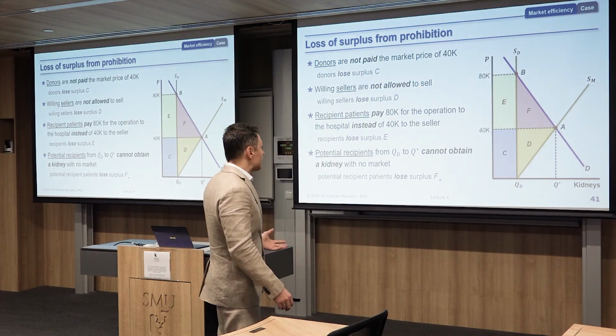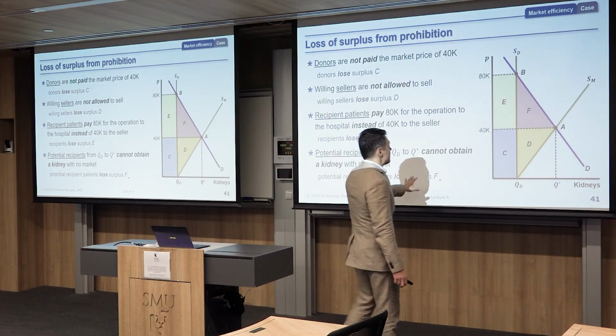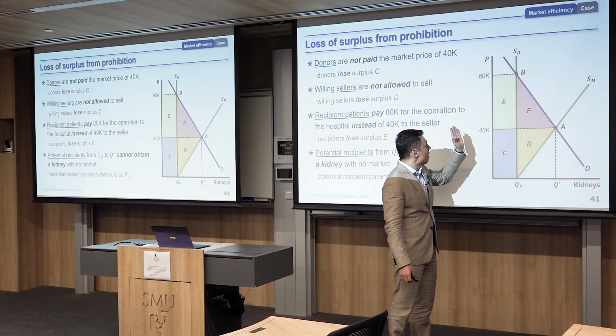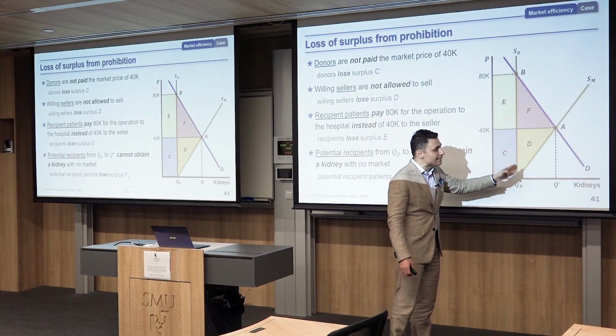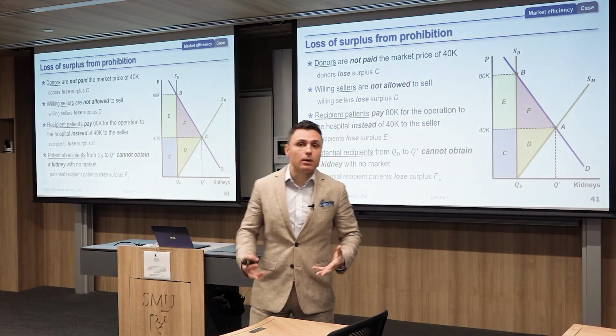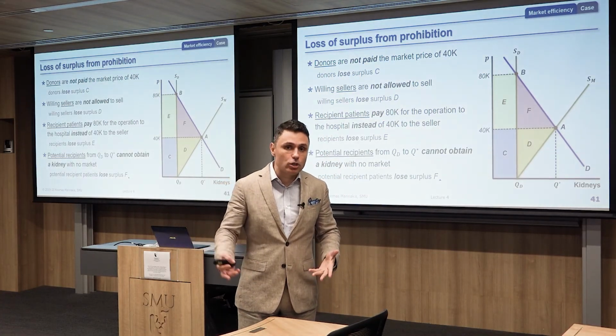So we see here that if you exempt part C, which the donors would not care about even with a market or without, parts E, F, and D are just not allocated because a market here is not allowed to function.